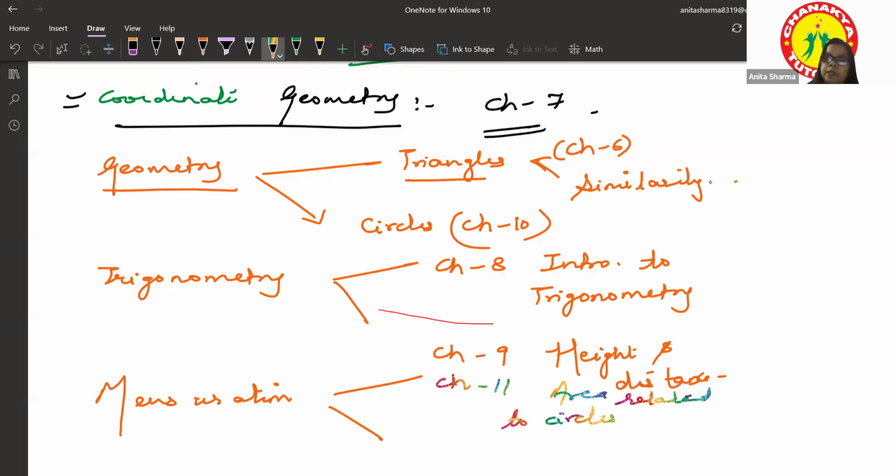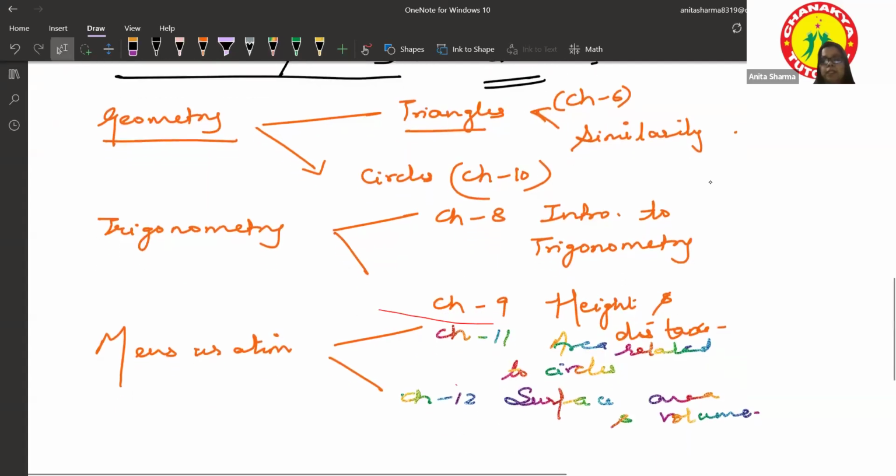And next is chapter 12, surface area and volume. In this chapter, you will study the combination of solids, so how to find the surface area of a combination of 2 solids.